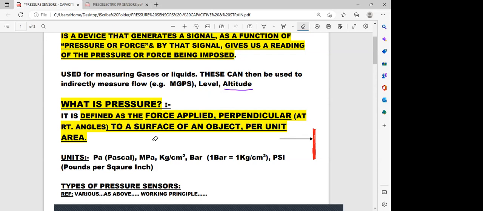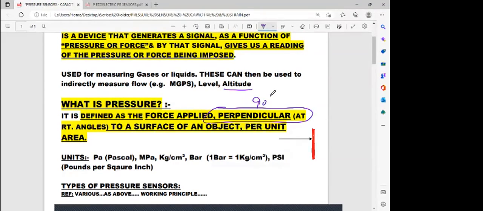So whilst most of us will say force applied on an object per unit area, yes, we are correct. But we have to be very correct because we are using this pressure to be transmitted by a sensor to a remote position. So that force that is being applied on that surface object should be at a perpendicular angle. That means at 90 degrees. And as you can see here, this is 90 degrees. It is not acting in this direction. It is not acting in this direction.